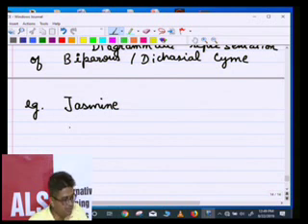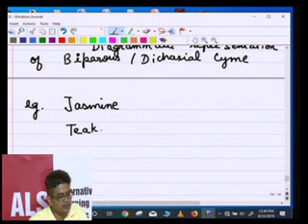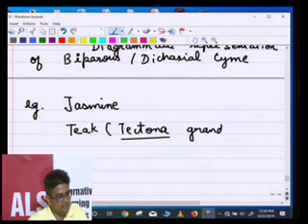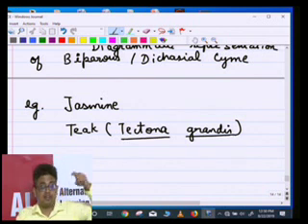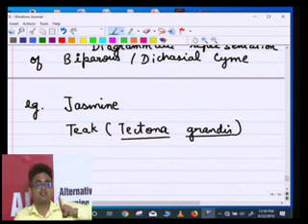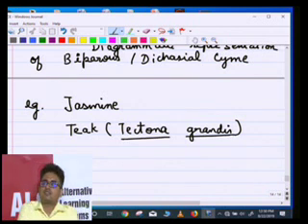Another very good example is teak, Tectona grandis, teak plant. Now this is also the flowering season of teak flowers.